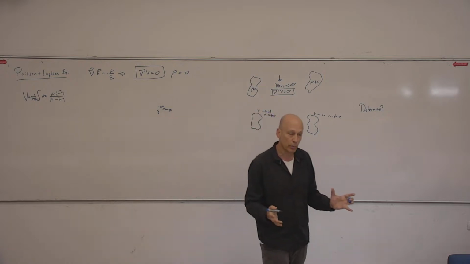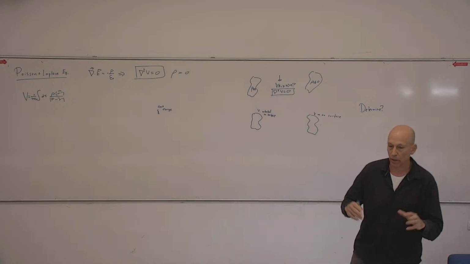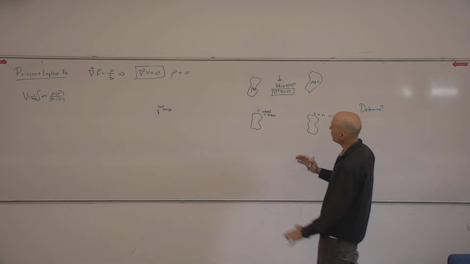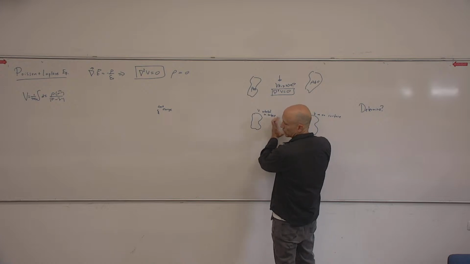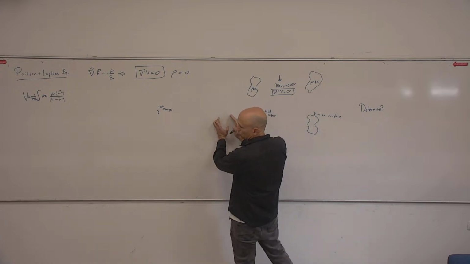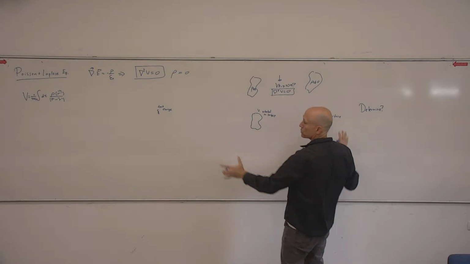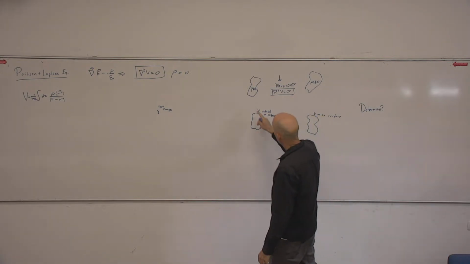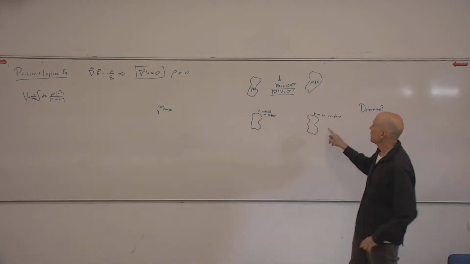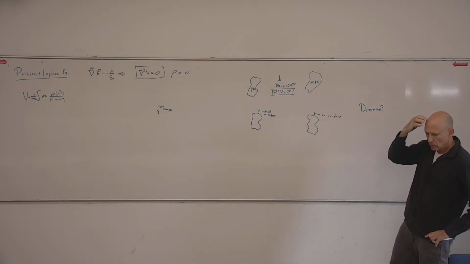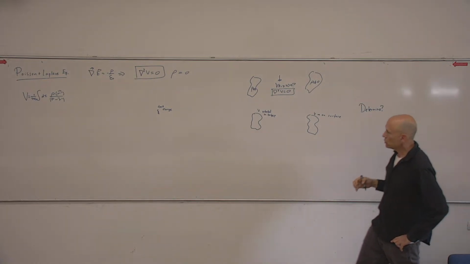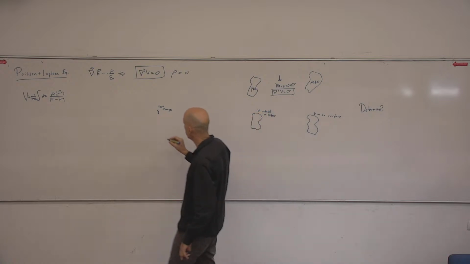Okay, now I have the potential on the surface, or I measured it somehow, and now I want to solve inside and outside to find the potential in all space. So, by the way, mathematically, how are these types of boundary conditions called? Dirichlet. So these are Dirichlet boundary conditions.